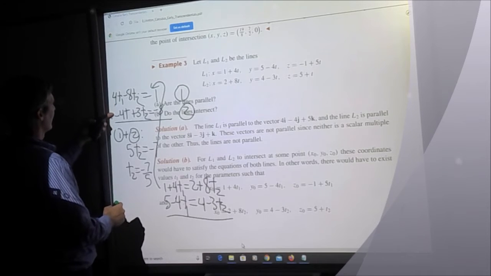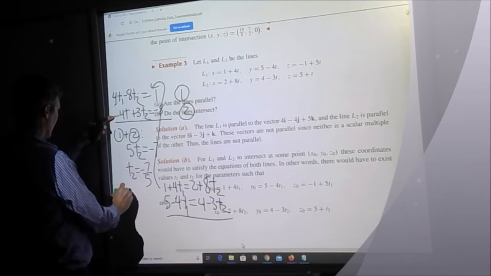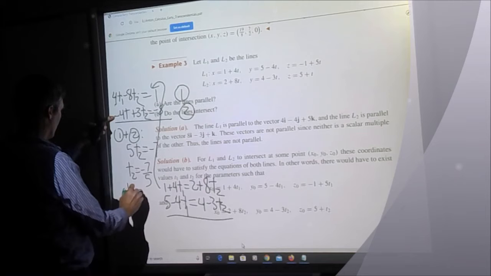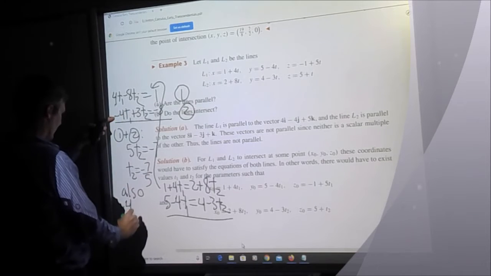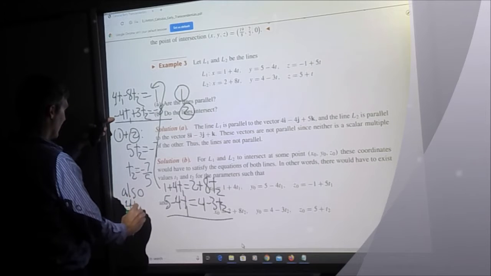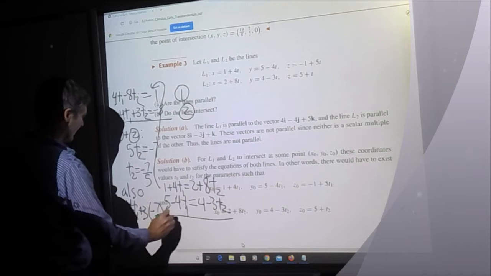Doesn't matter, let's say in this one, minus 4t1 plus 3 times minus 7/5 equals minus 8.